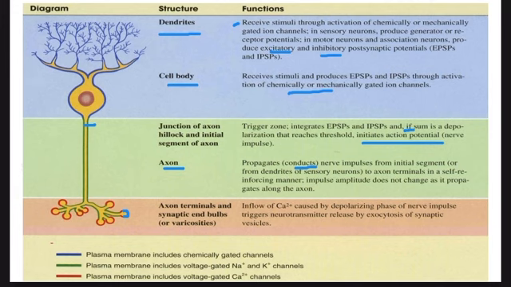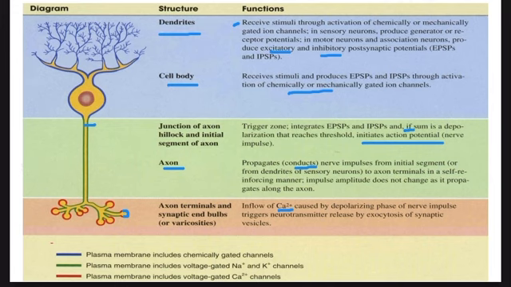It does not change as it propagates through the axon, so the information keeps going. At the terminal, remember calcium, Ca2+, causes depolarization again and the nerve cell releases the neurotransmitter from the synapse through the vesicles that carry the information.